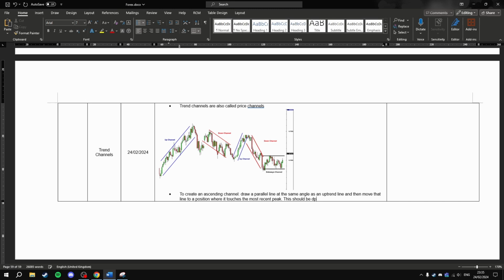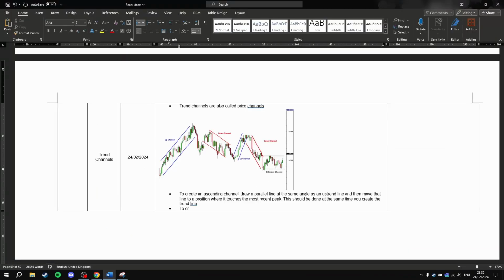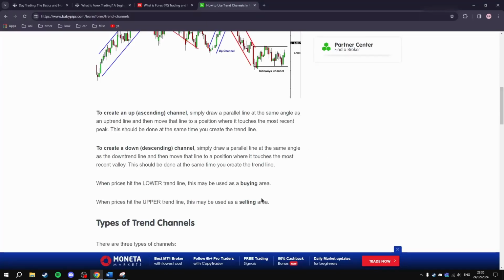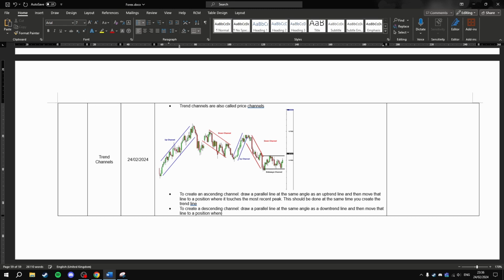Create a descending channel. Draw a parallel line at the same angle as a downtrend line, and then move that line to a position where it touches the most recent valley, right?